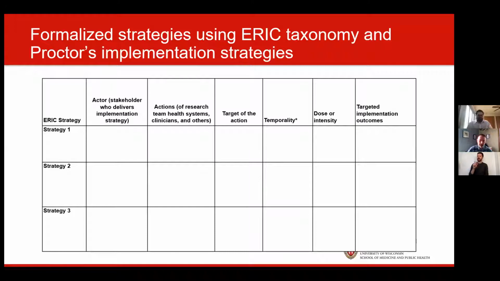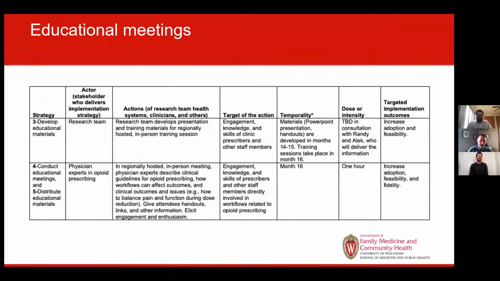So, to look at how this is done in general terms, figure out what you're going to do, pick your ERIC strategy, lay out all of the components of specification. If you go to the next slide, I'll give a quick example of how we're doing this for educational meetings.